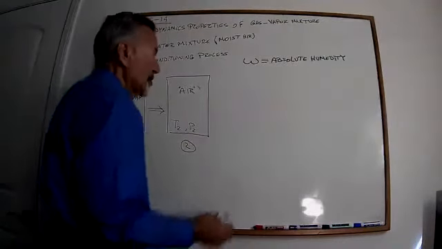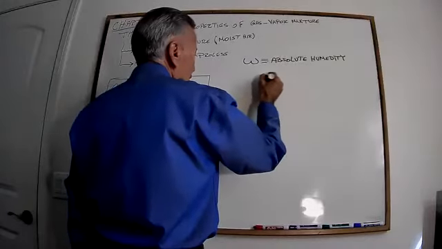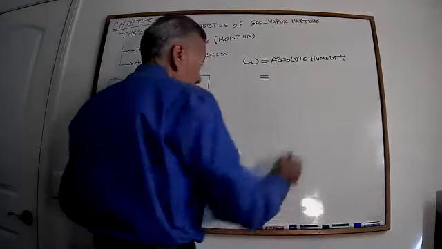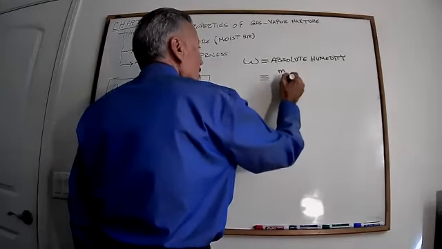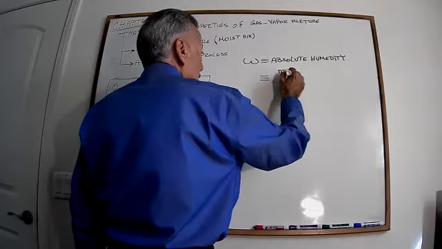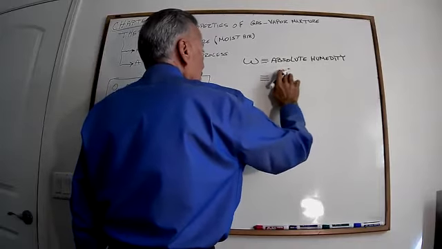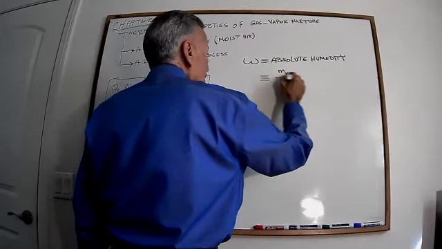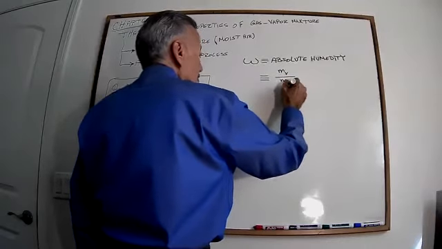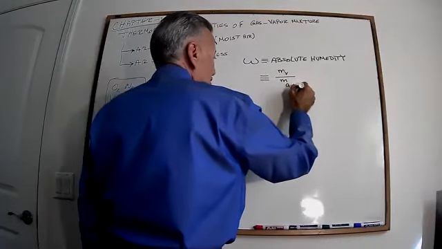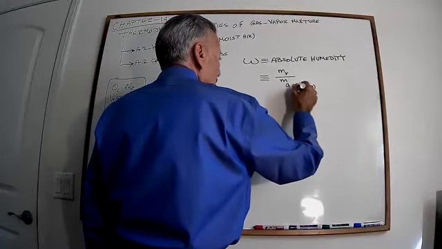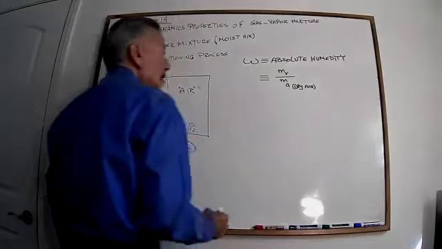And by definition, this absolute humidity is basically the mass of vapor divided by the mass of air, which in this case means dry air.